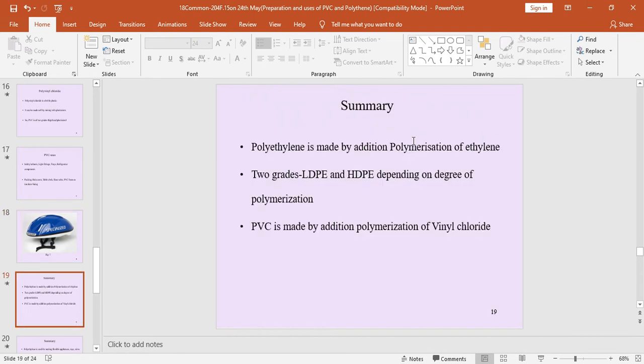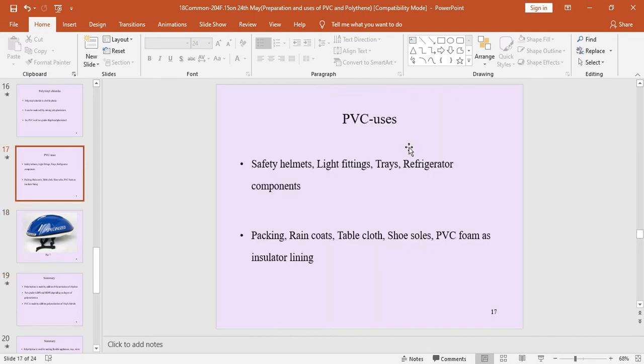See here, PVC uses; once again, note down all these points. PVC is used in electrical insulation for covering of electrical cables, and also in the production of pipes, sheets and molded parts.